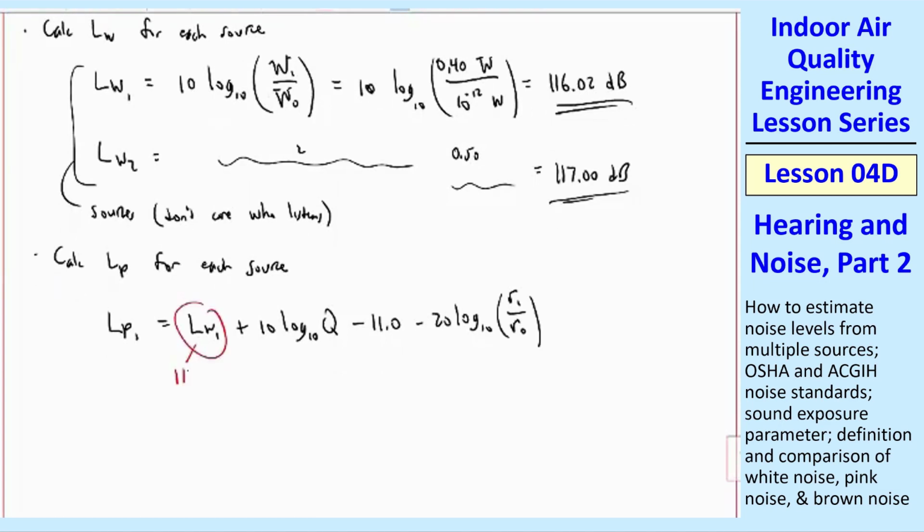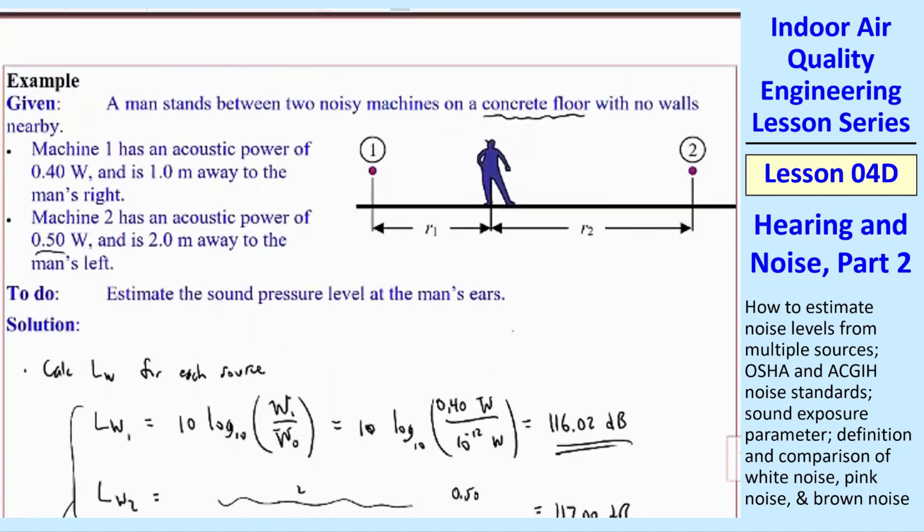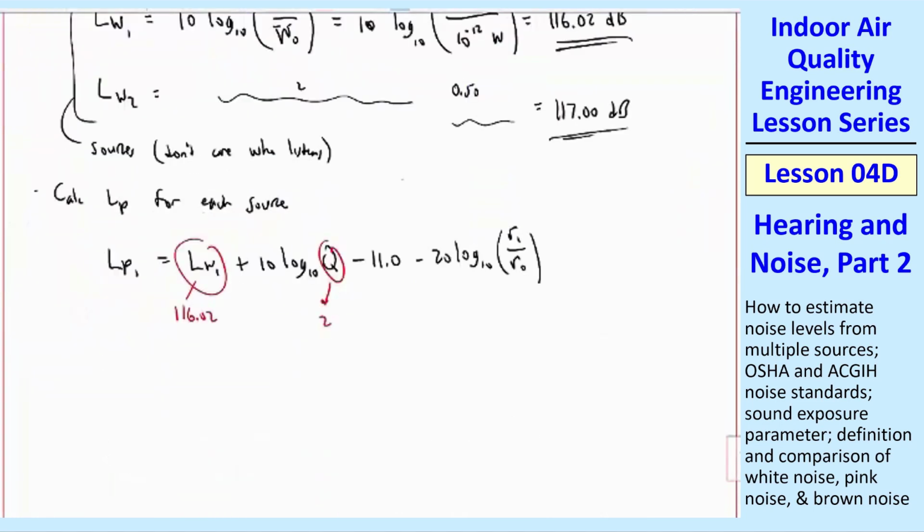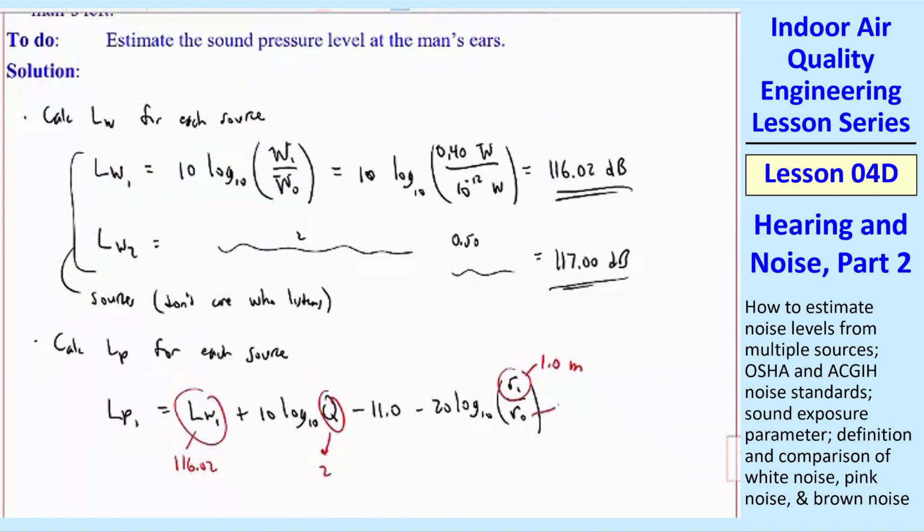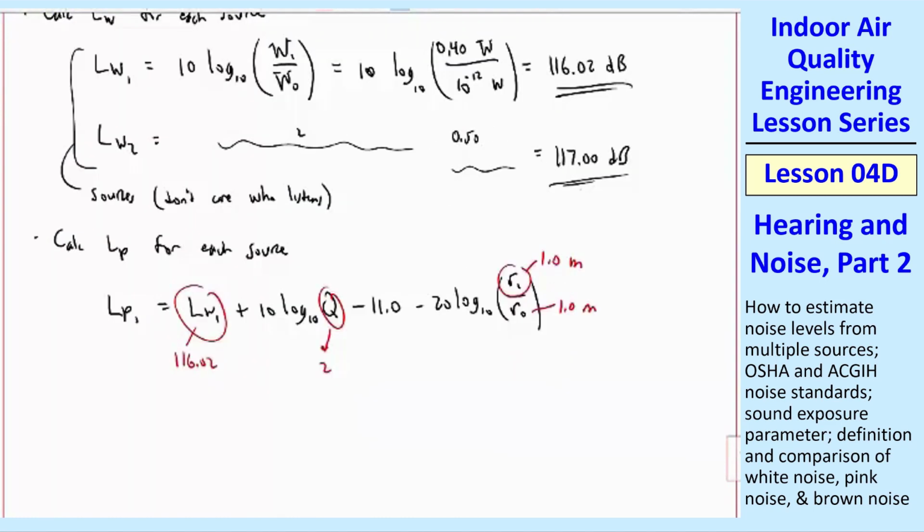This, we calculated 116.02. Q is 2, the directivity factor is 2 because there's a concrete floor with no walls. And then R1 was given as 1.0 meter, and R0 is also 1.0 meter. We get 108.03. I'm keeping 5 digits here for these intermediate steps. Similarly, LP2, you can go through the math to double check, is 102.98 dB.